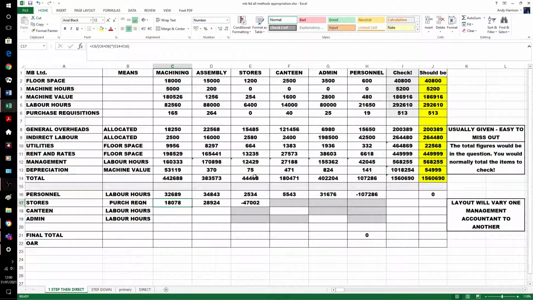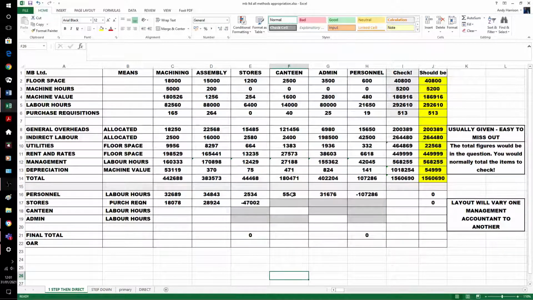And that is the total of these two. We're fairly confident of that, and just to prove it, there we are. So zeroed and zeroed.